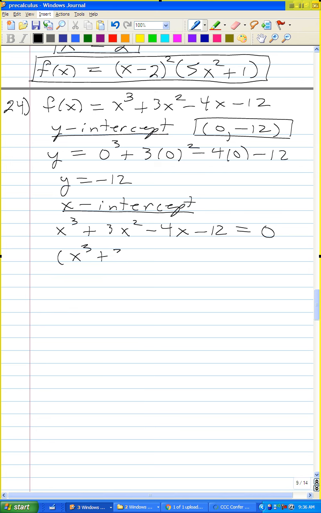So I grouped the first two terms, and I grouped the last two terms. But since I had a minus here, it changed this plus 4x to minus 4x, and this plus 12 to minus 12. Now, I notice I have an x squared in common, and I have a 4 in common.